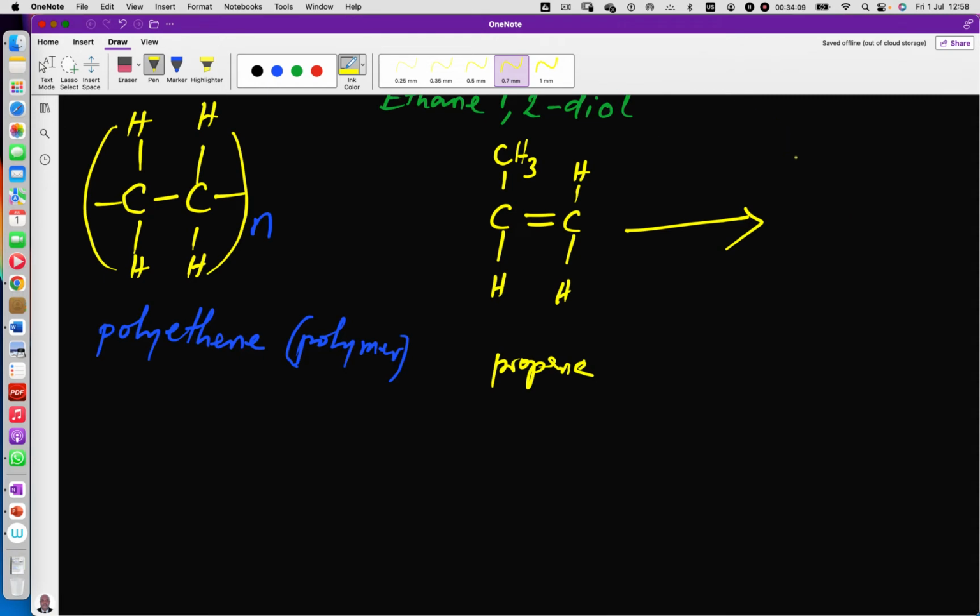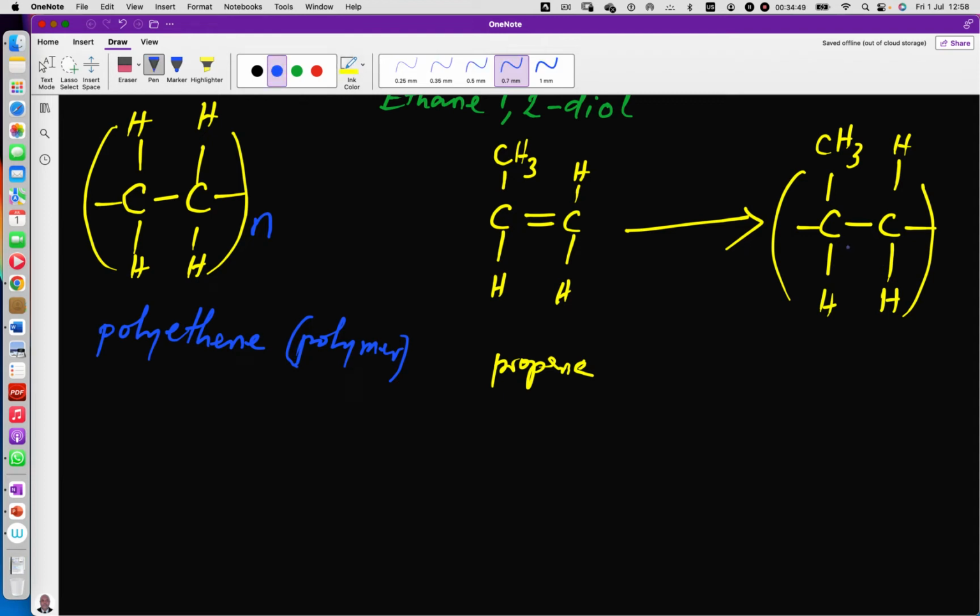If propene polymerizes, we are going to have something like this, so n number of propene added together.